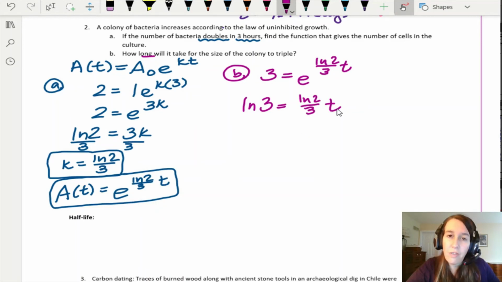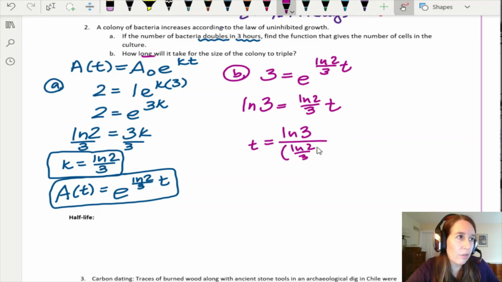All right, so to find t, we're just going to divide both sides by the natural log of 2 over 3. So ln 3 divided by ln 2 over 3. I wrote that in those parentheses because we could have an order of operations issue if we type this all at once. So let's type it just to make sure our answer is going to make sense.